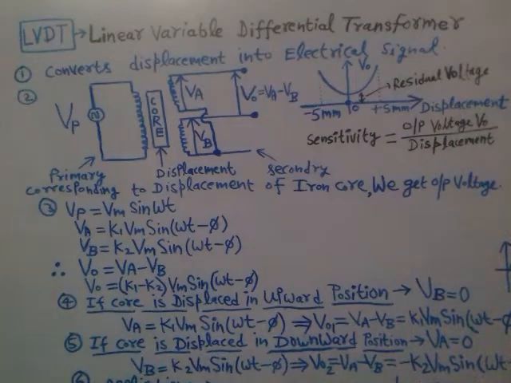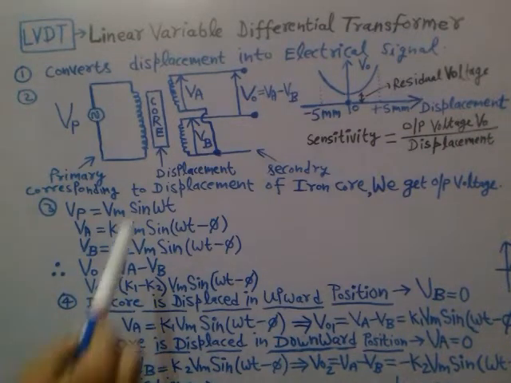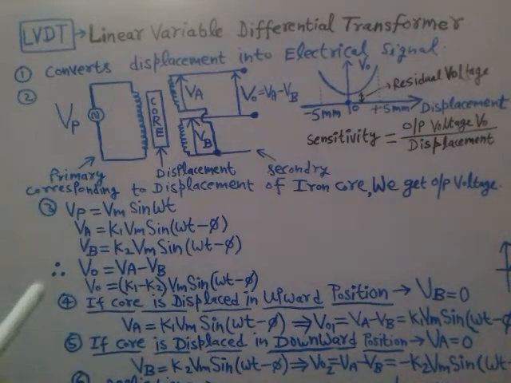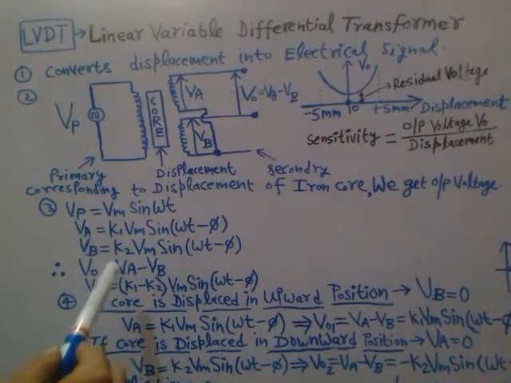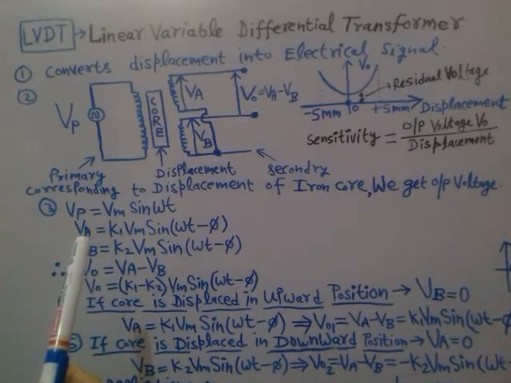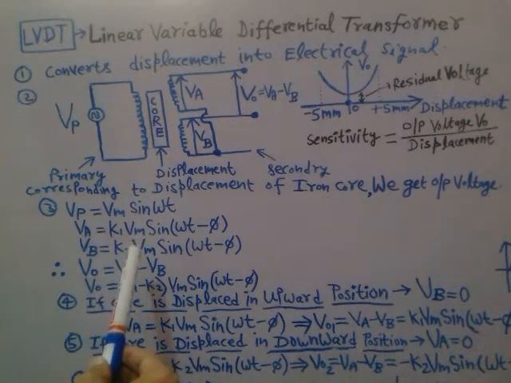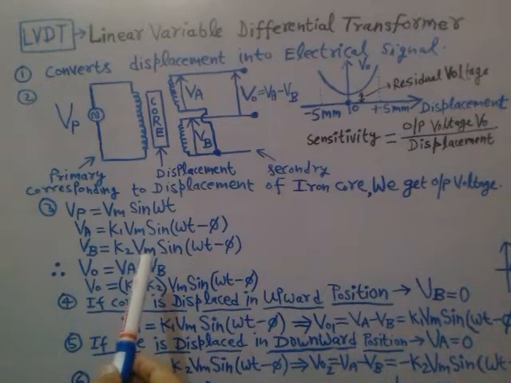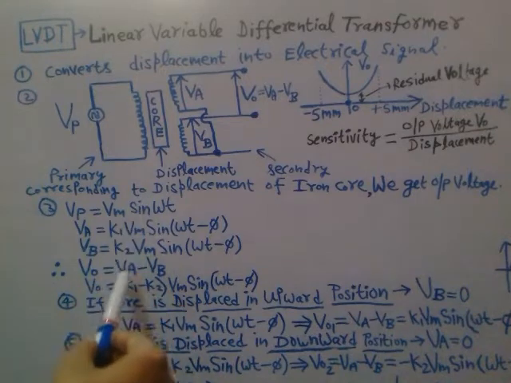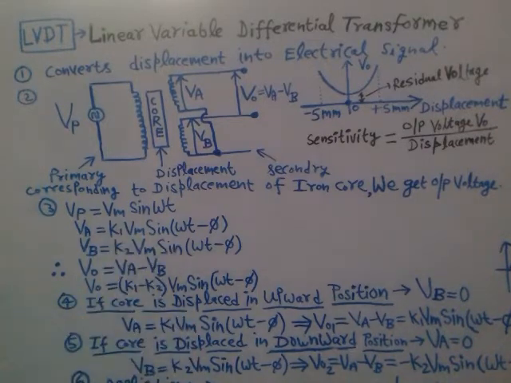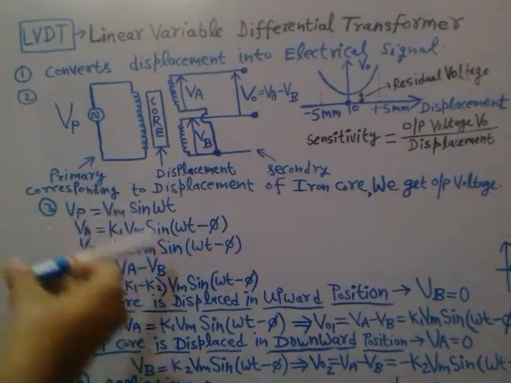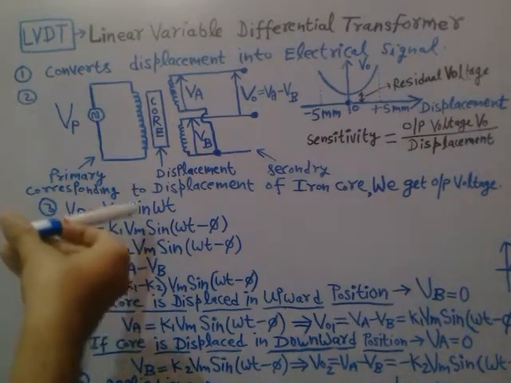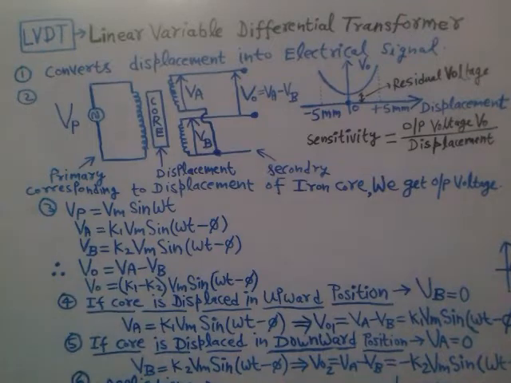What are K1 and K2 now? K1 and K2 depend on the number of turns in the windings of the transformer, right?